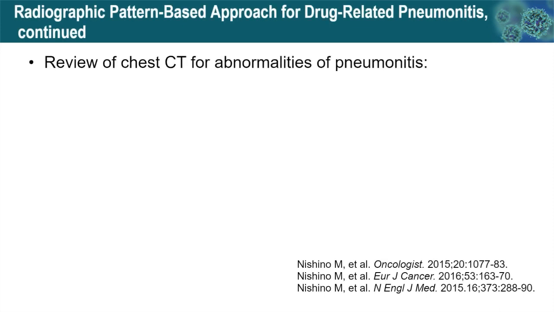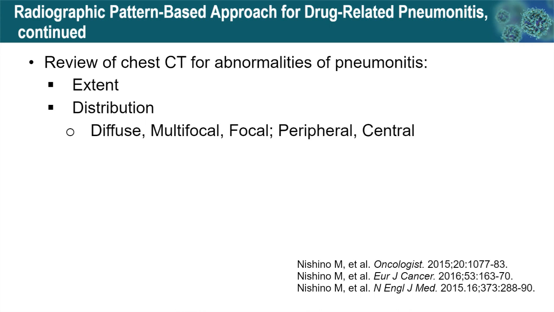And we review CT scans to define these radiographic patterns of pneumonitis, focusing on extent of abnormalities and distribution, which is the most important factor to define these patterns. And distribution can be diffuse, multifocal, or focal, or can also be peripheral or central.